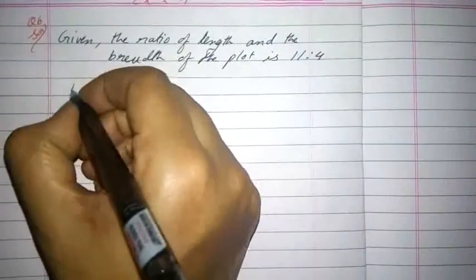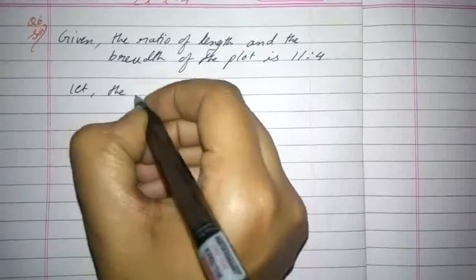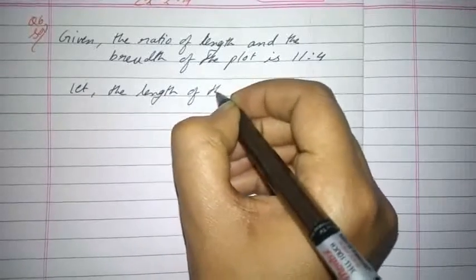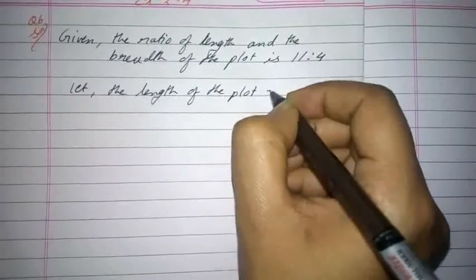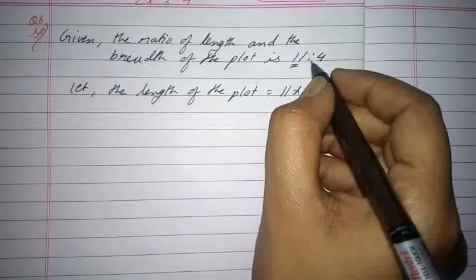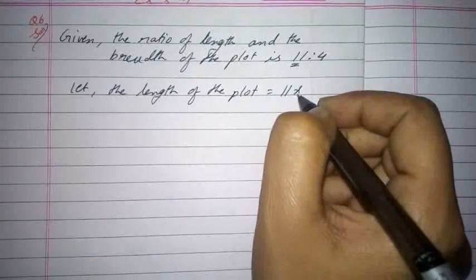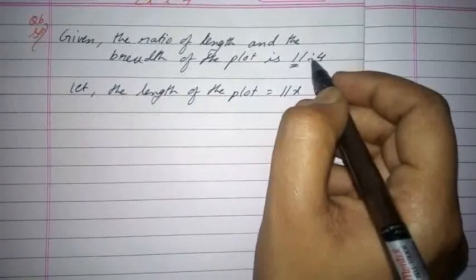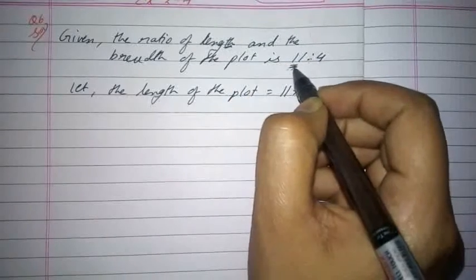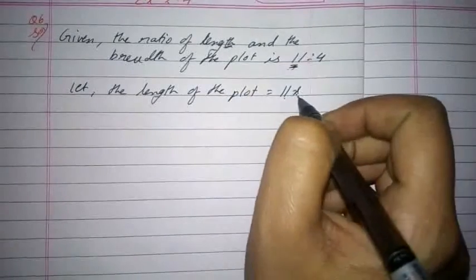So here we'll let the length of the plot be 11x, because we are replacing the ratio with a variable. So we replace this ratio with a variable x. So first is the length, so the first number of the ratio is 11x.